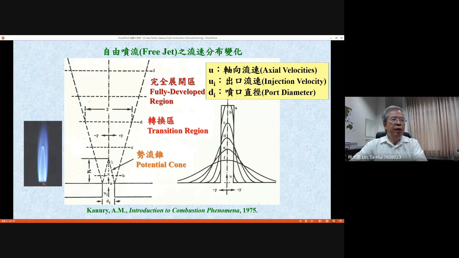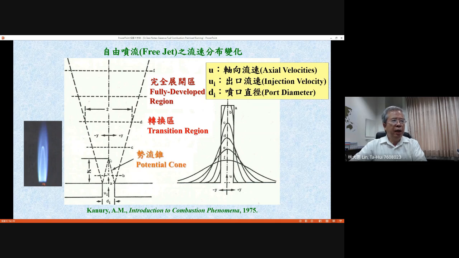When you increase the axial coordinate more, there is no position where the axial velocity is the same as the injection velocity, which gives you the so-called potential cone.